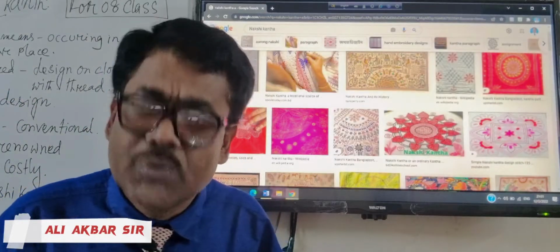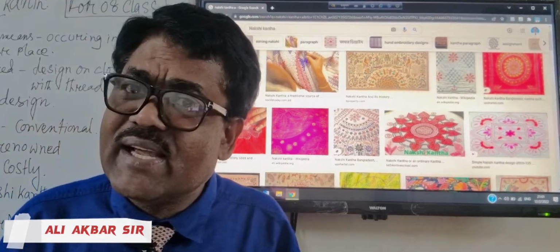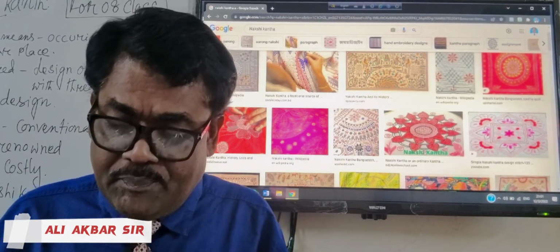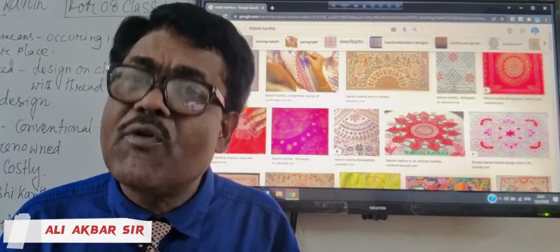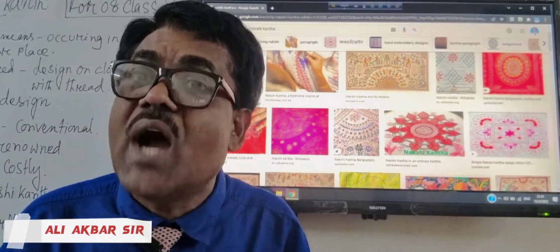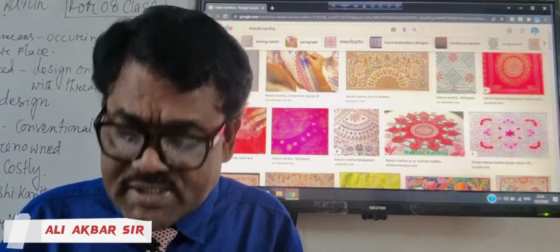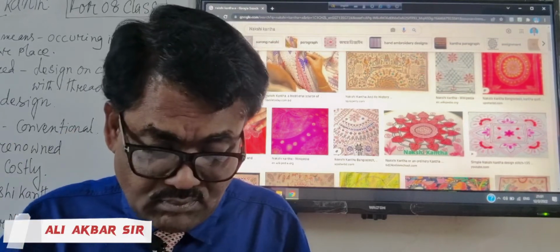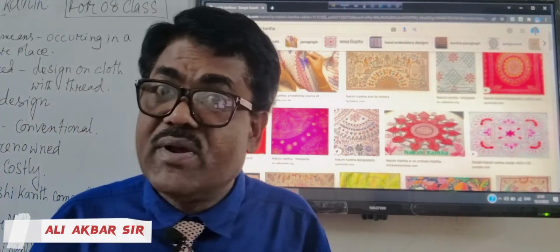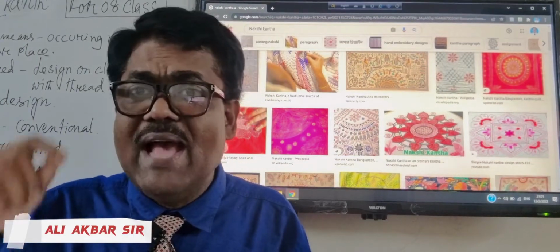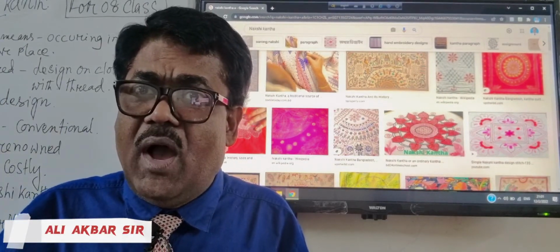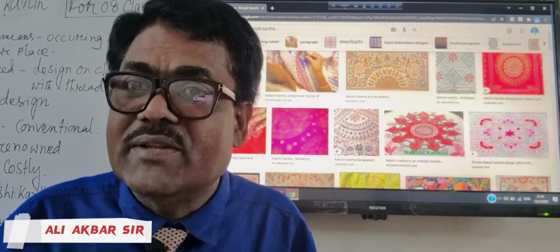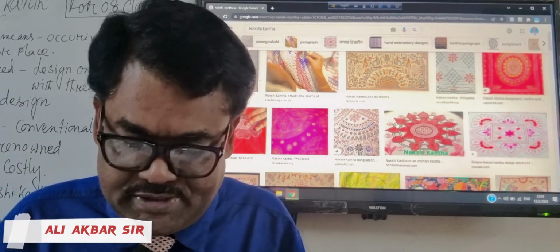You know, Nakshi kantha is a kind of embroidered quilt, and the name was taken from the Bangla word Naksha, which means artistic pattern. It is a kind of traditional craft, and this craft has been practiced in rural Bangladesh for centuries.